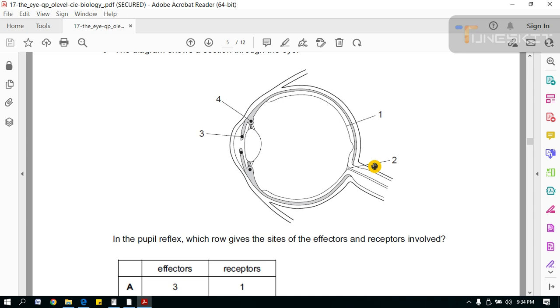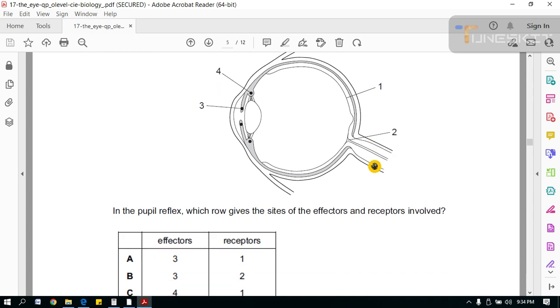One is labeled as retina. 2 is optic nerve. And 4 is ciliary bodies or ciliary muscles, and 3 is iris.